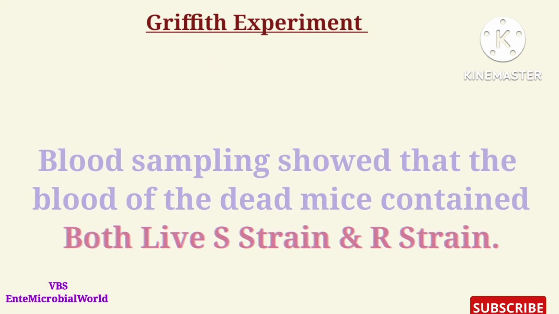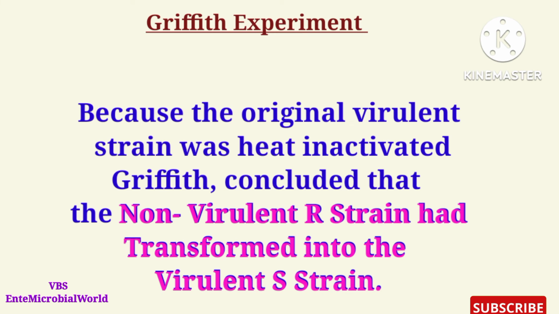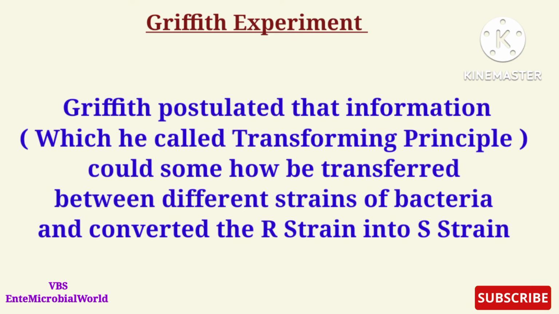Because the original virulent strain was inactivated, Griffith concluded that the non-virulent R strain had transformed into the virulent S strain. Griffith postulated that information, which he called the transforming principle, could somehow be transferred between different strains of bacteria and converted the R strain into S strain.